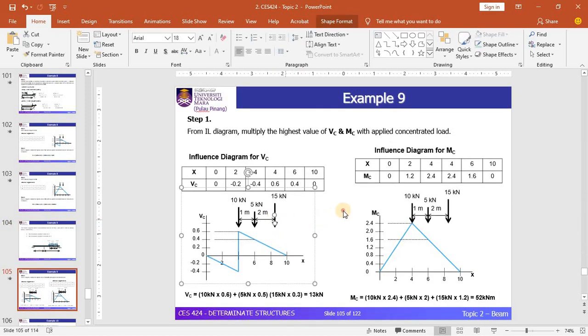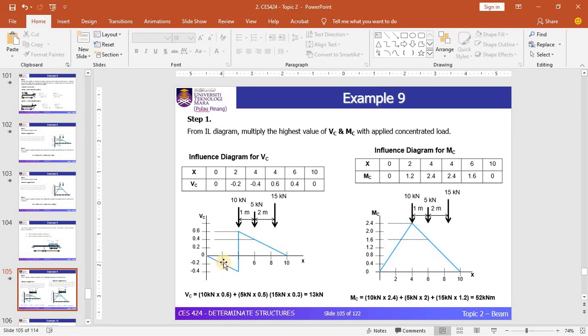Basically you need to position this load along the diagram in order to get the maximum value of the shear force. So, straightforward, this is the position of the vehicle that will produce the maximum shear force at C. This is the positive side, this is the negative side, so you need to be careful.